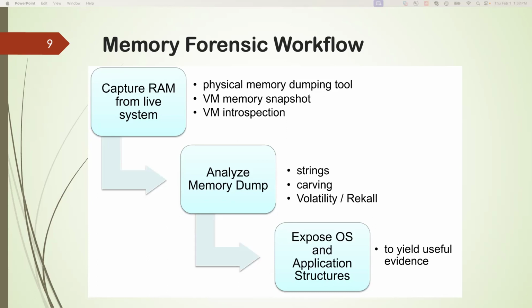A snapshot is, just like taking a picture in the real world, it saves everything at that particular moment. So whenever you press the snapshot button on your virtual machine, whatever was happening in the RAM, it takes a copy or makes a dump of all of those zeros and ones that are in your RAM.